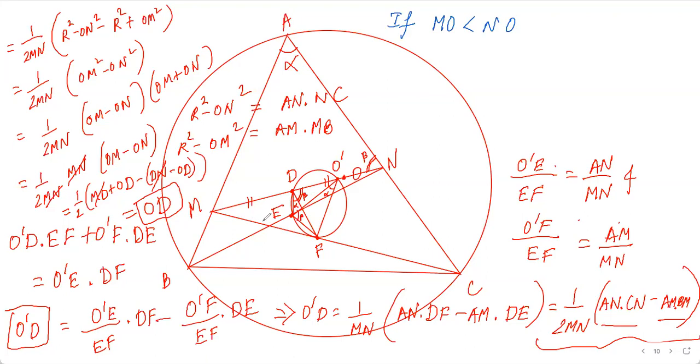So if MO is strictly lesser than NO, then you see both O dash D and OD.